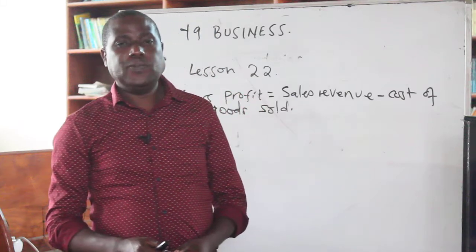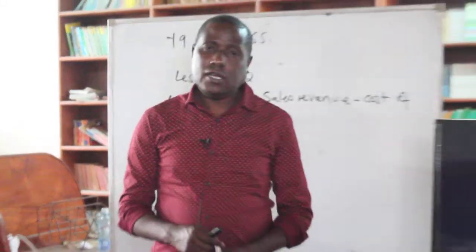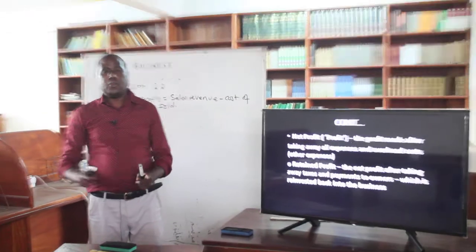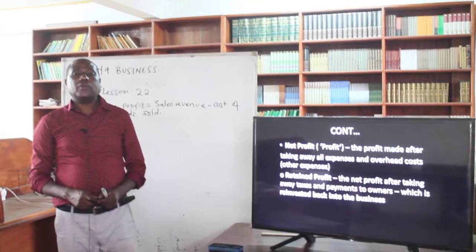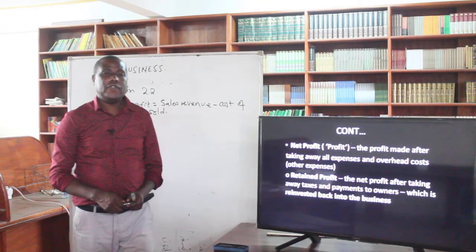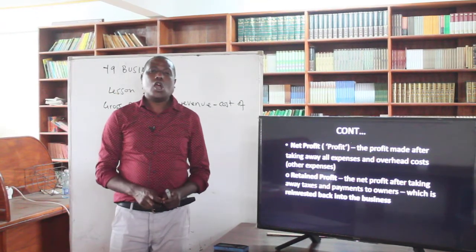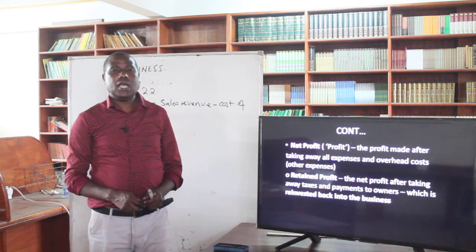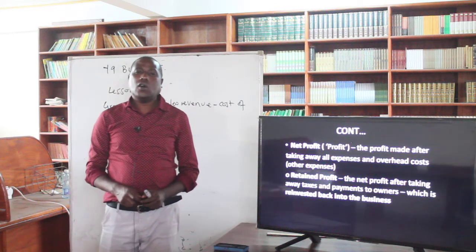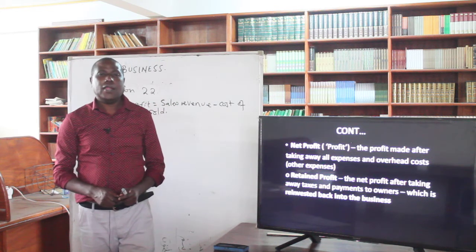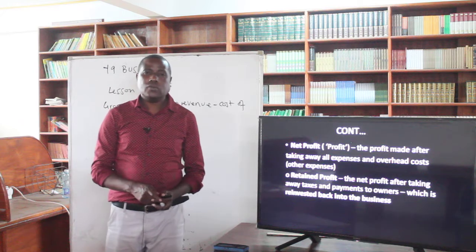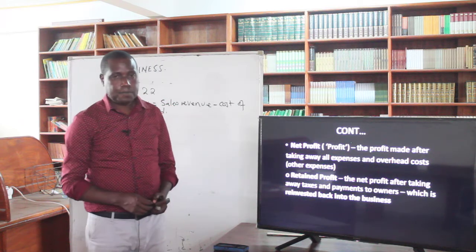Now, net profit, on the other hand, or what we call profit, is the profit made after taking away all expenses and overhead costs, right? Other expenses. We get the net profit.